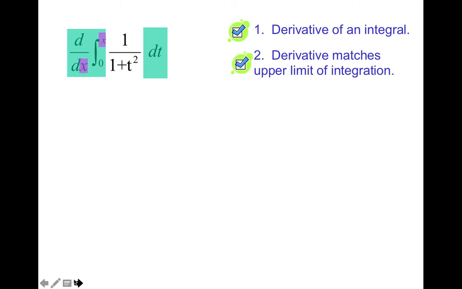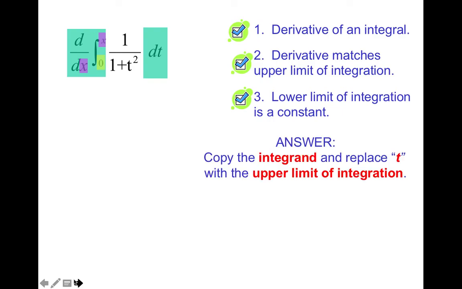Check. Next I ask myself, is the lower limit of integration a constant? Check. If I've got all three of those checks, how you take the derivative of an antiderivative is to copy the integrand over and take out the t and replace it with the upper limit of integration. Done. No math. Done. Copy, paste, replace the t with the upper limit of integration. Easy.